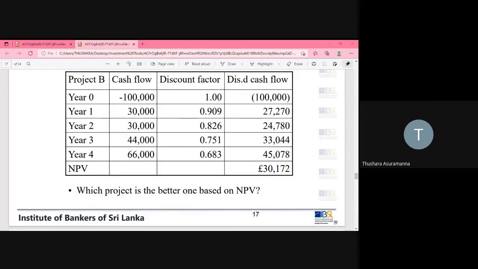So the only issue might be at year 4 that you need to think about. There are some other cash inflows, that is the residual value. So you have to take that into account, and then year 4 cash flows are like this. And then we have discounting factors, then just multiply to see the discounted cash flows.